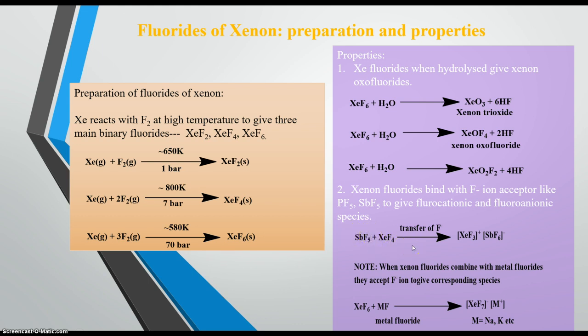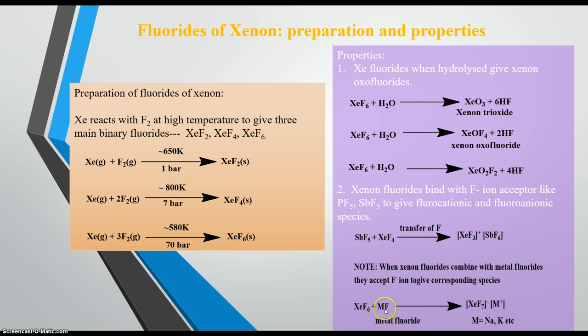Now one thing is important to observe here, that whenever XeF6, xenon hexafluoride, reacts with a metal fluoride, then the same type of reaction occurs as in the second reaction property. Here metal fluoride means the metal is positively charged, M+, and the fluoride ion is negatively charged, F-. XeF6 accepts the fluoride ion from the metal fluoride, and the species formed is XeF7-.